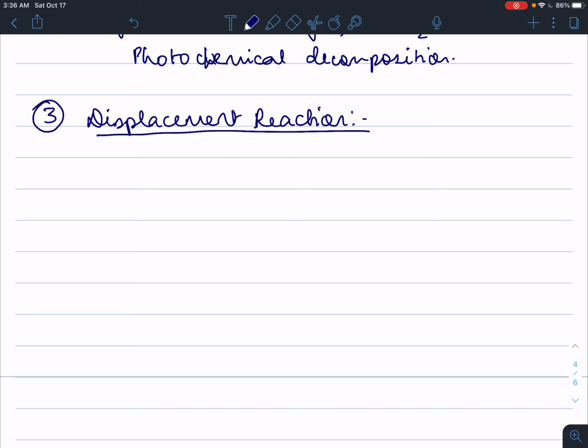So say you have two compounds or one compound and an element. Say iron and copper sulfate in solution. You drop a piece of iron into copper sulfate solution. You get copper out as a precipitate and iron sulfate.